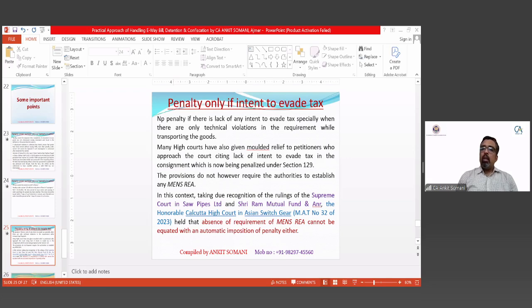We have already considered the cases where a proper reasonable opportunity of being heard was not given. Basically, violation of the principle of natural justice. You can note down the judgment also, Allahabad High Court, Premium Traders versus State of UP.